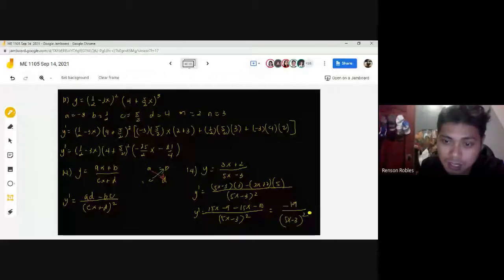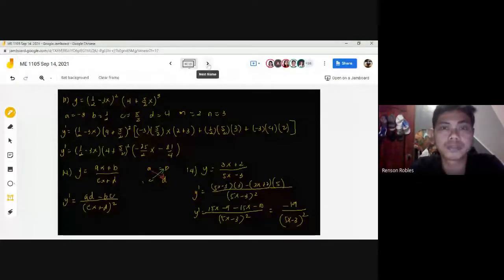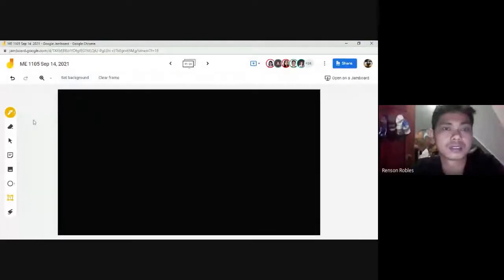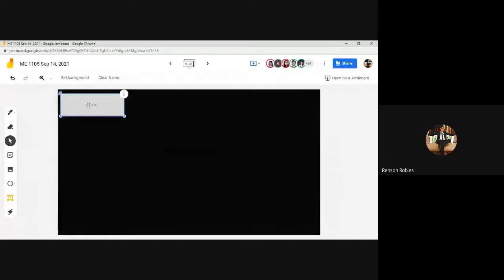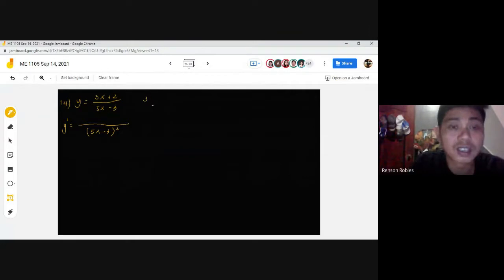Am I right? Yeah. Then, tandaan nyo yung answer natin. We will redo this again by applying the formula. Okay? By using the formula, y prime equals, you just write 5x minus 3 square, and then you just write 3, 2, 5, negative 3.